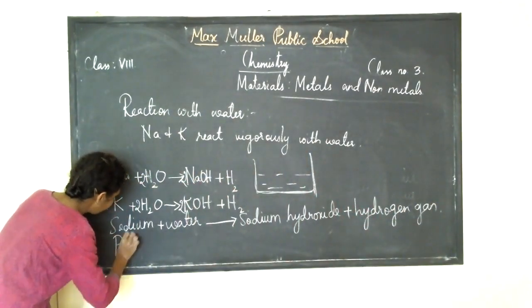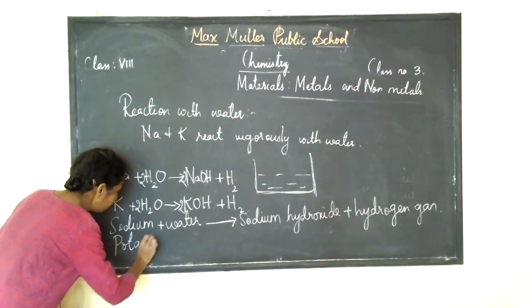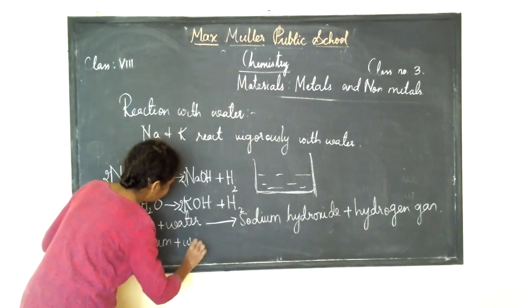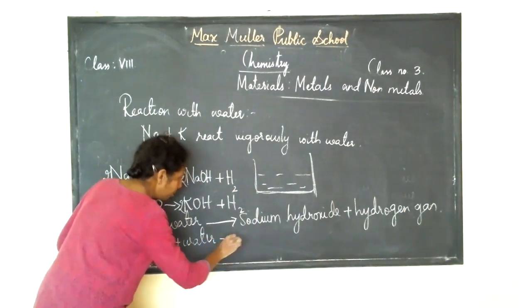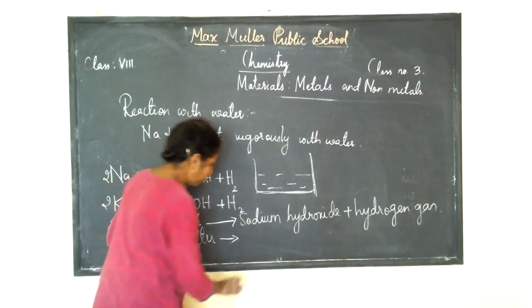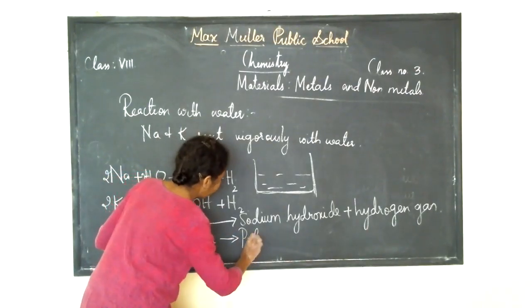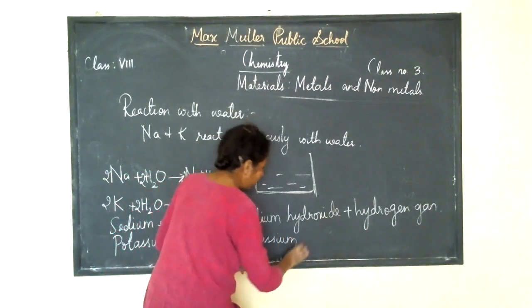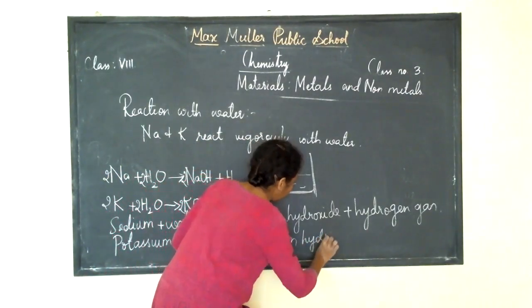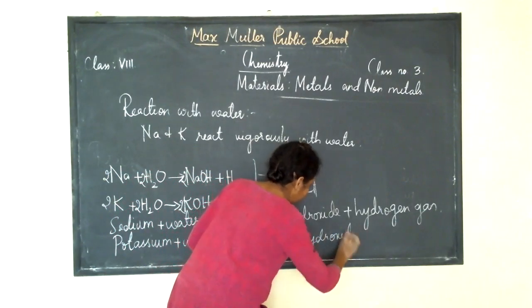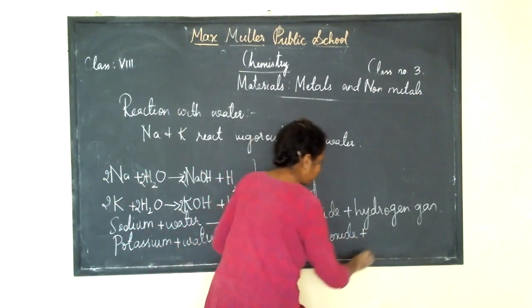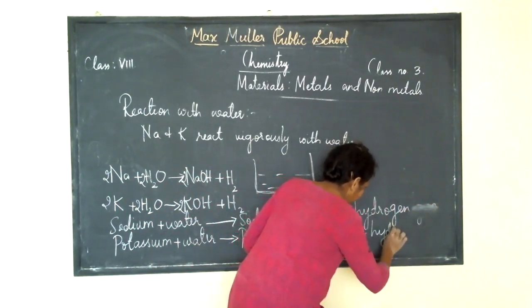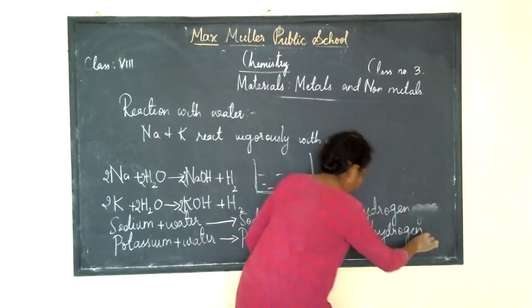Similarly, potassium reacts with water to form KOH, which means potassium hydroxide, and hydrogen.